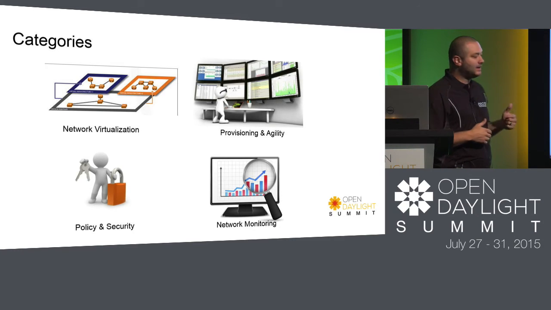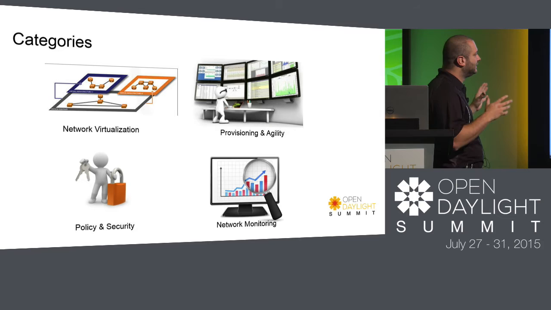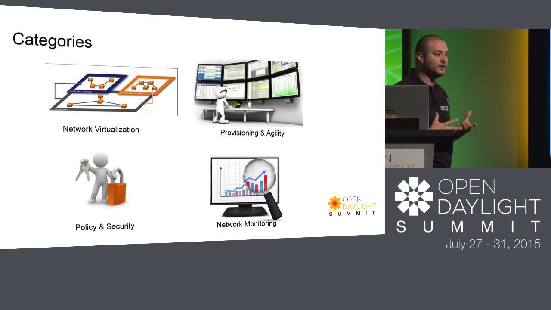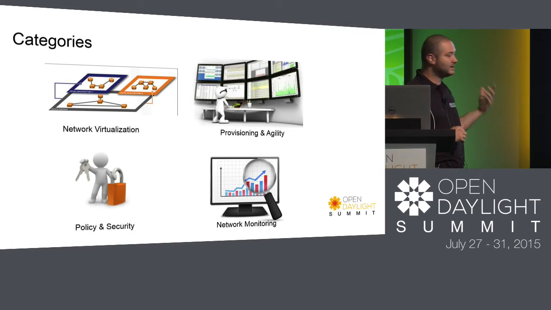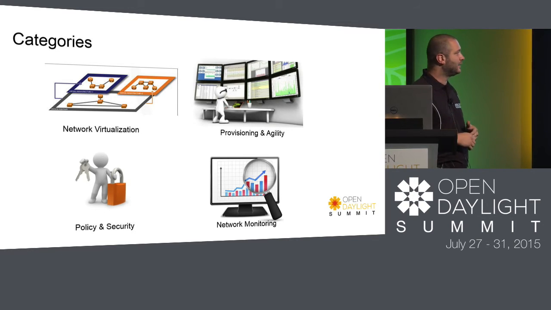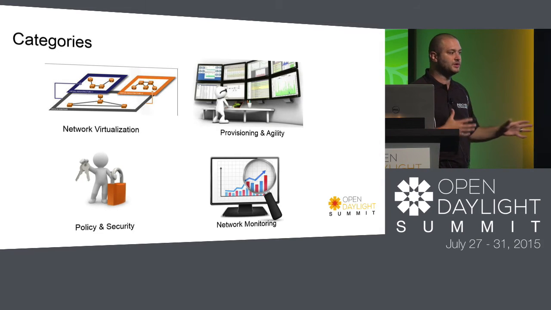So this led to, what we're trying to do is categorize some of the use cases in these different categories. Network virtualization is one of them. Provisioning and agility is another one. So what I mean by network virtualization is the basic cloud environment where you want to have multi-tenancy. So network virtualization / multi-tenancy, however that gets realized, is one of them.